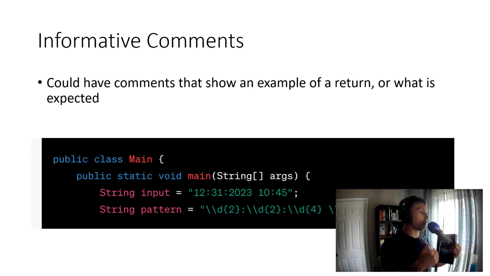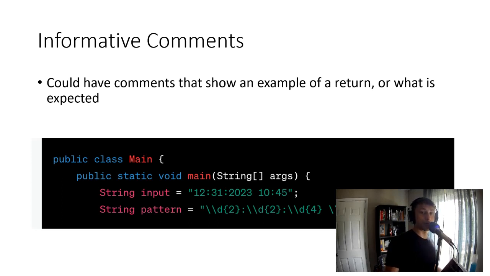But essentially, you could be doing regex here, and you could be looking for a date time format exactly like that string input right here. And maybe you have a comment that is commenting on the exact pattern that you're looking for.